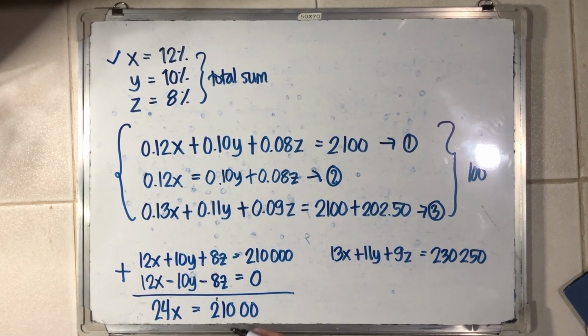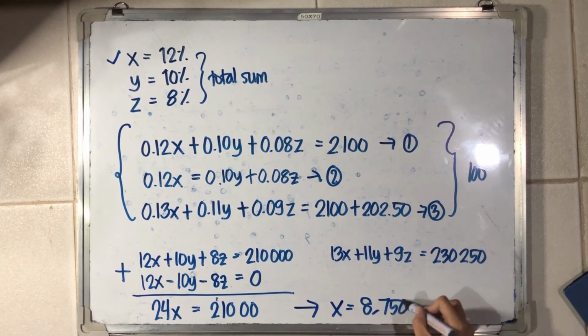So, dito pa lang, sa equation pa lang na to, mako-compute mo na yung unknown natin. That's 210,000 divided by 24. Ayan. So, the amount of money invested at 12% is 8,750.